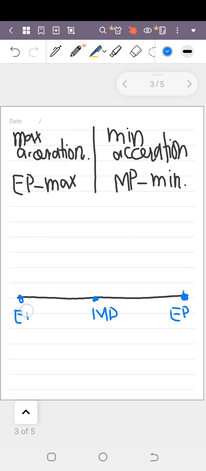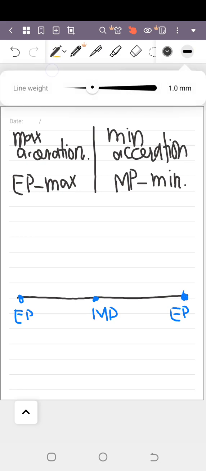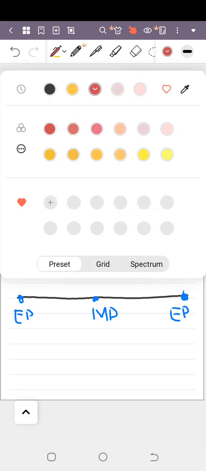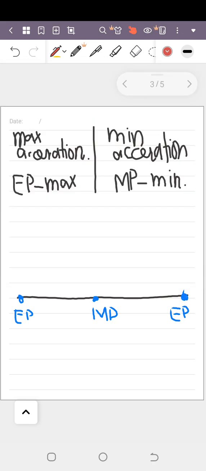This is the other extreme position. Okay. Now remember, sorry, I got confused here.